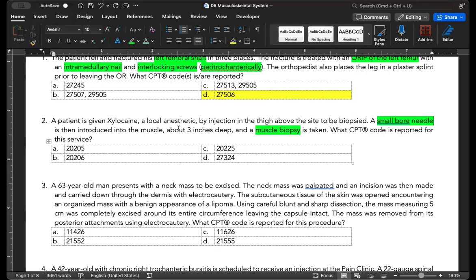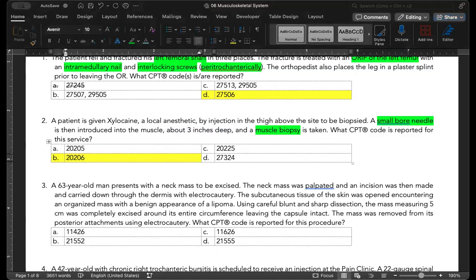So they threw this detail in there about 3 inches deep to see if you were paying attention to the fact that the 20200 and the 20205 is incisional. So make sure, if you guys want to, right next to the 20200 and 20205, note that those are incisional, right? And then your 20206 is going to be your needle, which is what the correct answer is.